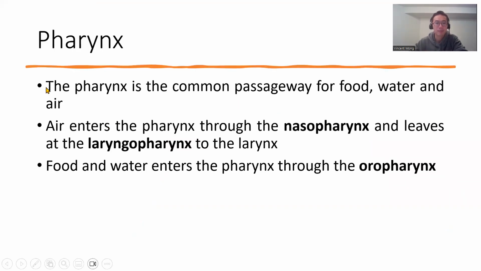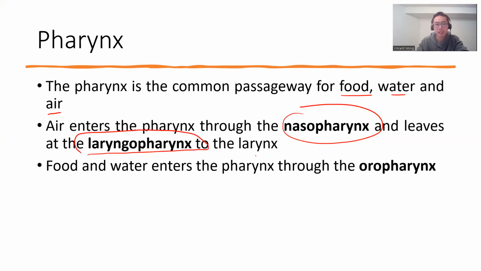Okay, pharynx. We wrote this down already. Let's just talk through it one more time. It is the common passageway for food, water, and air. Everything you eat, everything you swallow and breathe in, is going to pass through the pharynx. The air will enter the pharynx through the nasopharynx, and then it will leave through the laryngopharynx to go to the larynx.